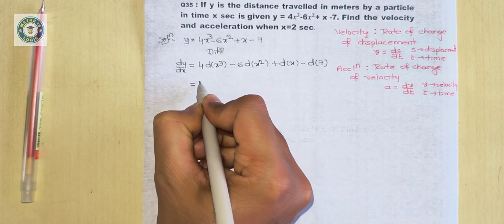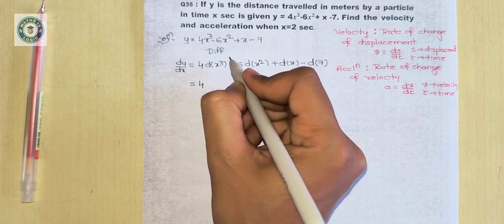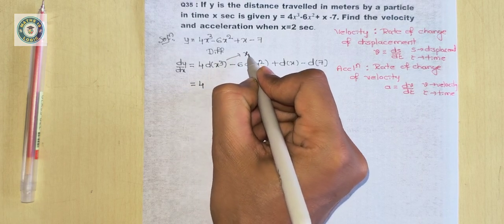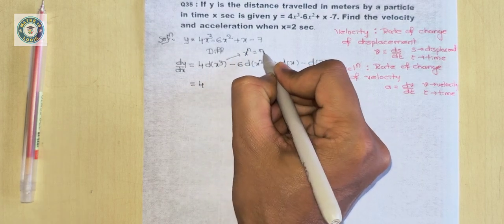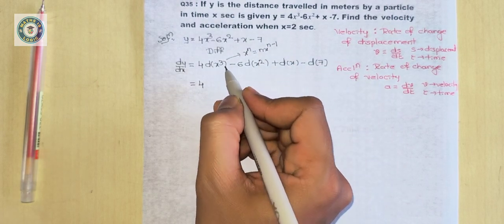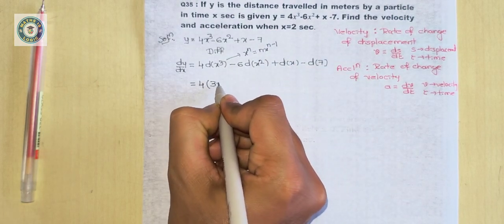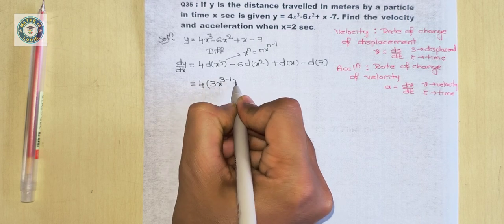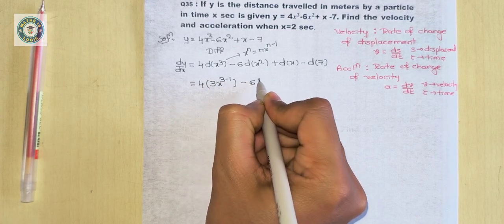So this is equal to 4 as it is. For x cube we apply the x power n formula, that is n into x raised to n minus 1. Here n is 3, so it goes to 3 into x raised to 3 minus 1, minus 6 as it is.